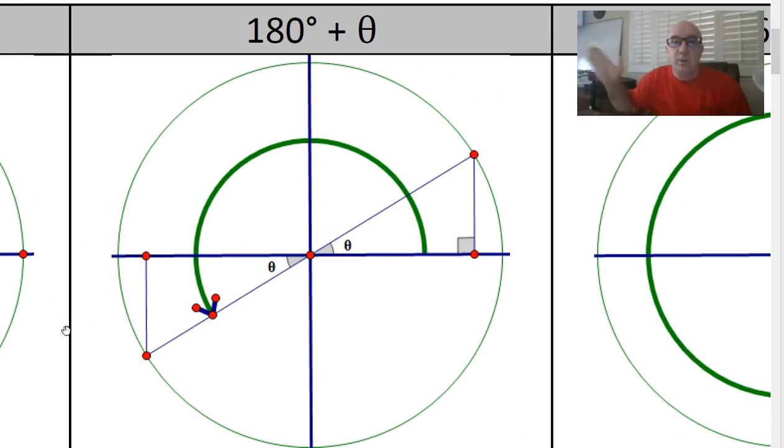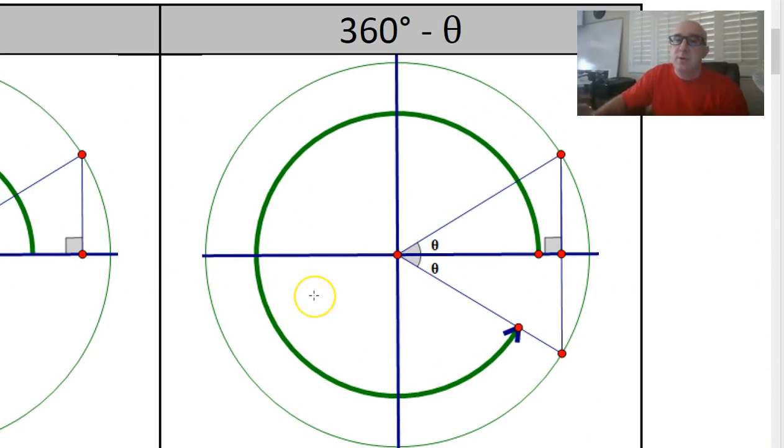Another time you'll get the exact same value will be 180 plus the reference angle. In this case it would be 220, because that would be 180 plus 40. And that would put me in quadrant 3. And those values will be the same for sine, cosine, and tangent as in the original one, which is super cool. So again, one angle, the reference, provides me knowledge in all of the quadrants.